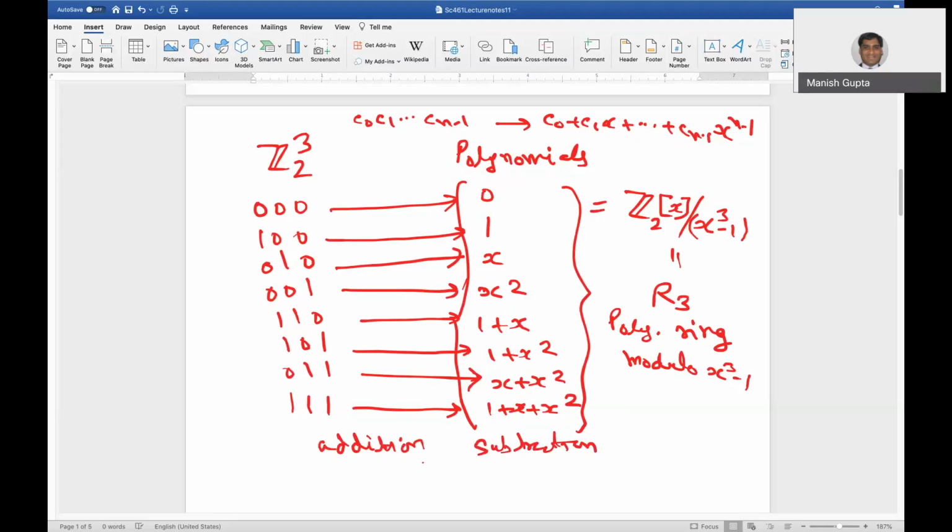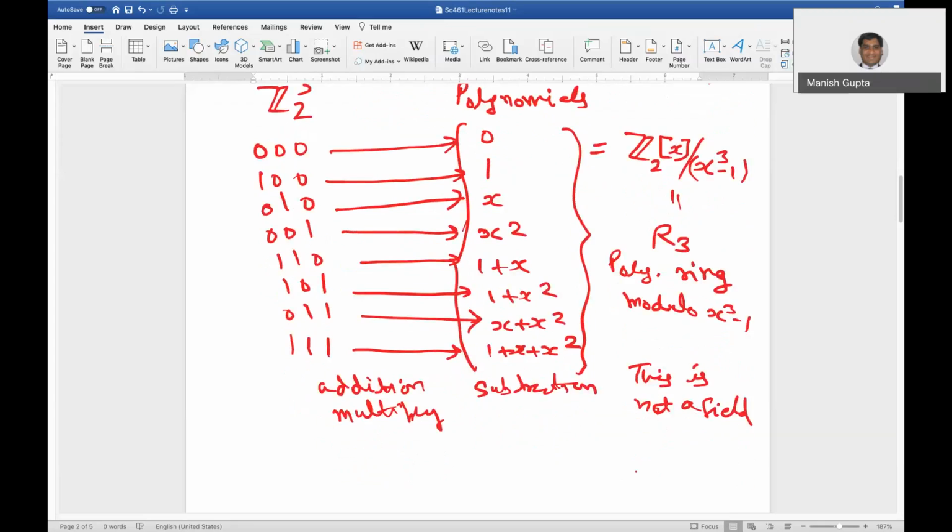We can multiply two polynomials. Okay, so very important thing, we cannot divide. So this is not a field. This is something we need to keep in mind, because polynomials of non-zero degree do not have a multiplicative inverse. So this is not a field.